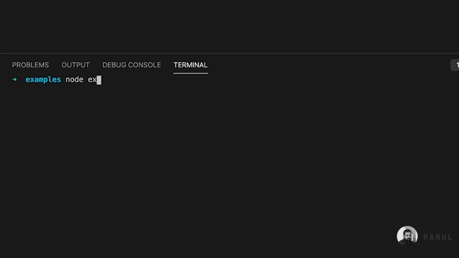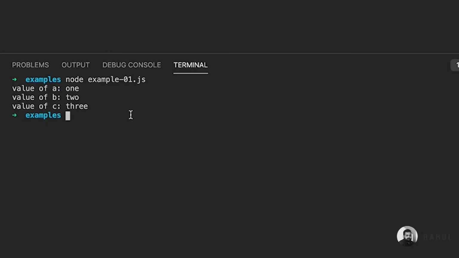Now let's execute the code. So here you can see the values of the sample array are assigned to the variables called A, B, C in the same order.